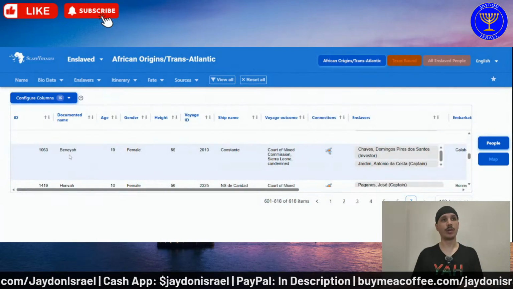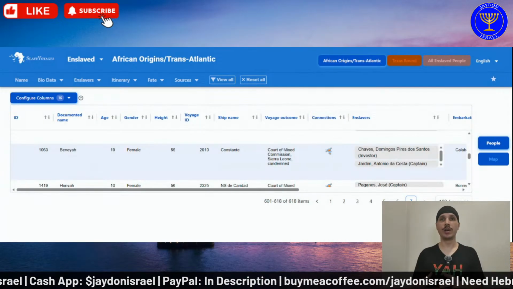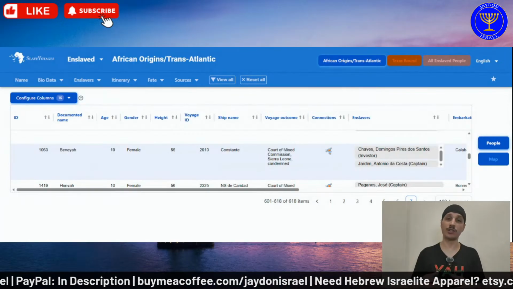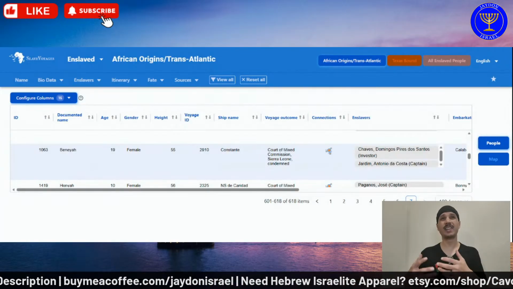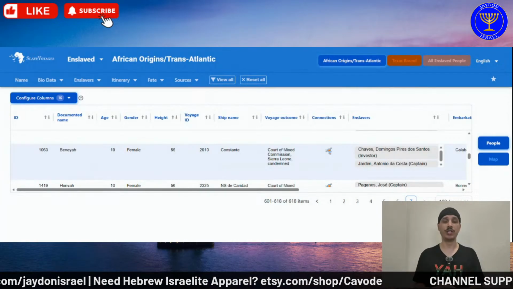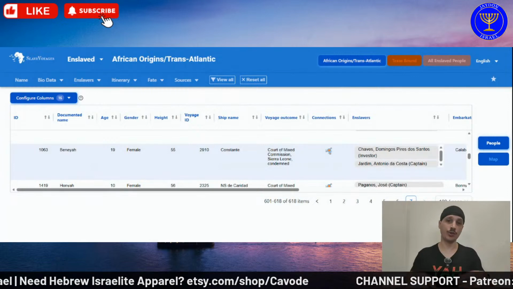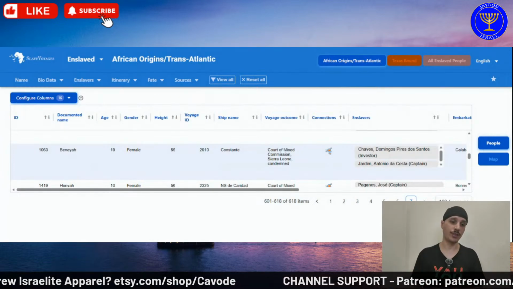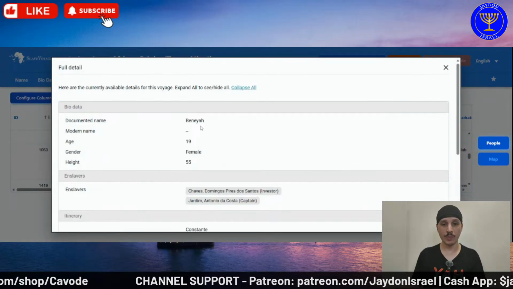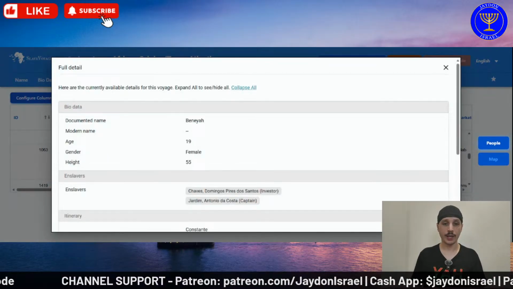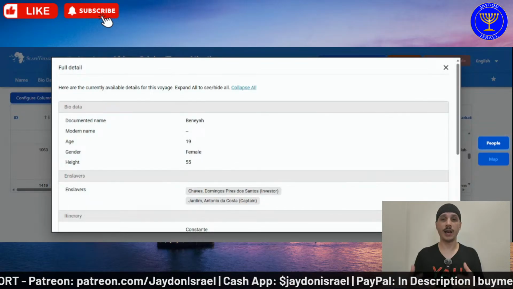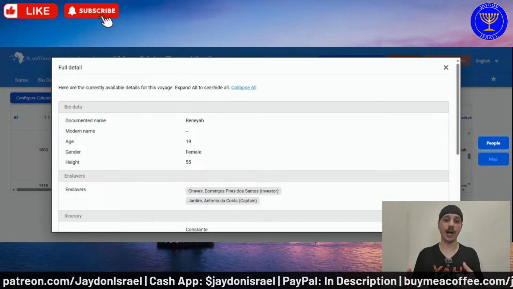But like I said, when you deal with linguistic changes from one language to another, and also when you deal with migration and time, you're going to get variation with the vowels and even the consonants. So when we look at this word, it looks like the Hebrew word Benayah, which means Yah built.